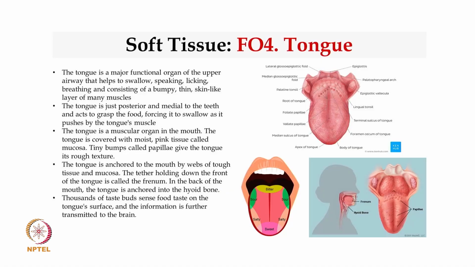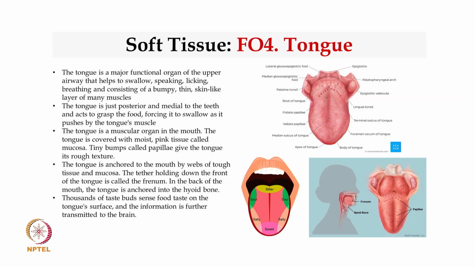Then there is the apex of the tongue, the body of the tongue, the vallate papillae, the foliate papillae, and the median sulcus of the tongue. The frenum is very important, that's the bottom. Then you have the hyoid bone, with which the tongue is associated. These are the papillae. And in the figure on the bottom left, you are looking at the different tastes, like sour and bitter.